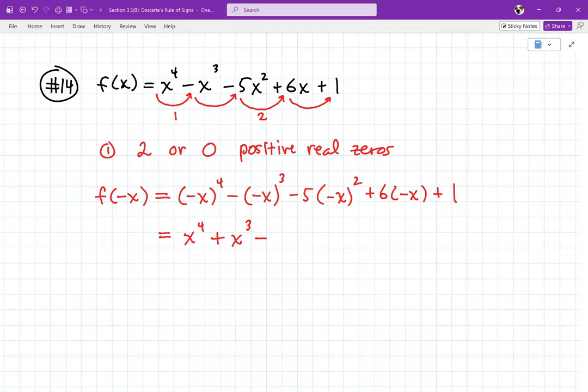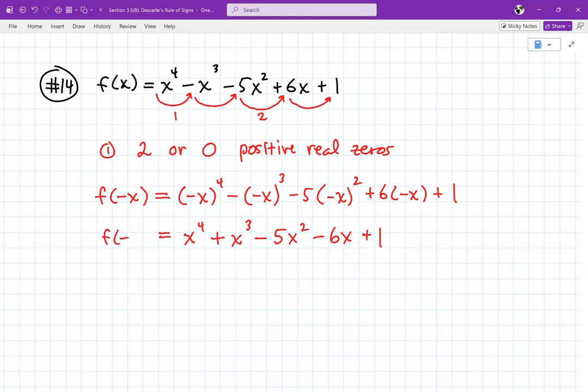So I'm going to put 5x squared right here. 6 times negative x is negative 6x. So minus 6x. And then plus 1. So that's my new function, and I'm going to figure out how many sign changes occur.